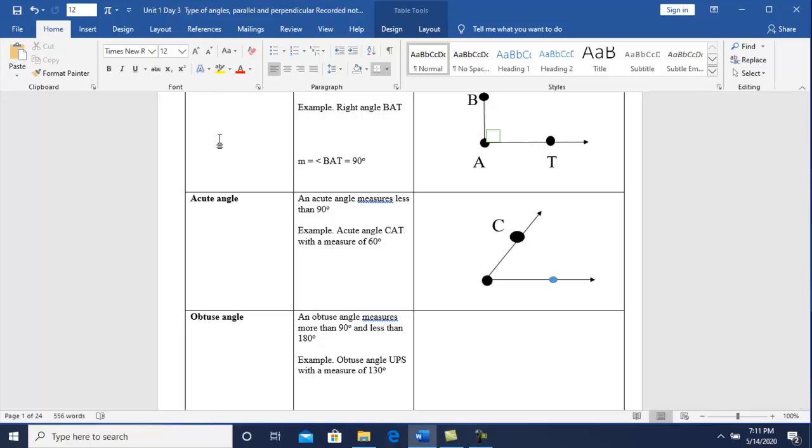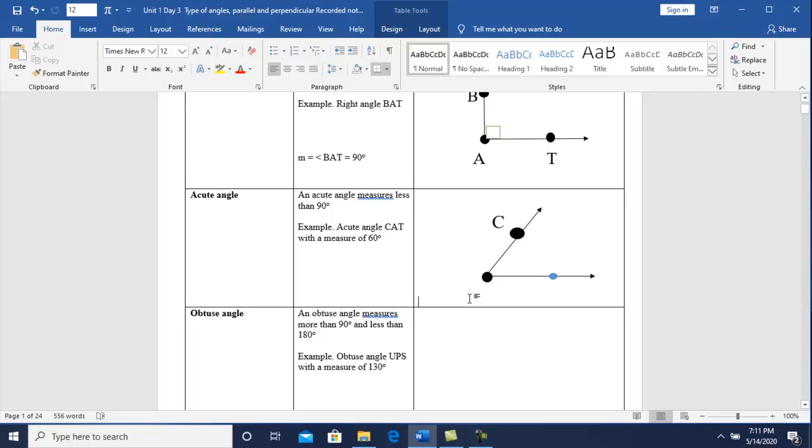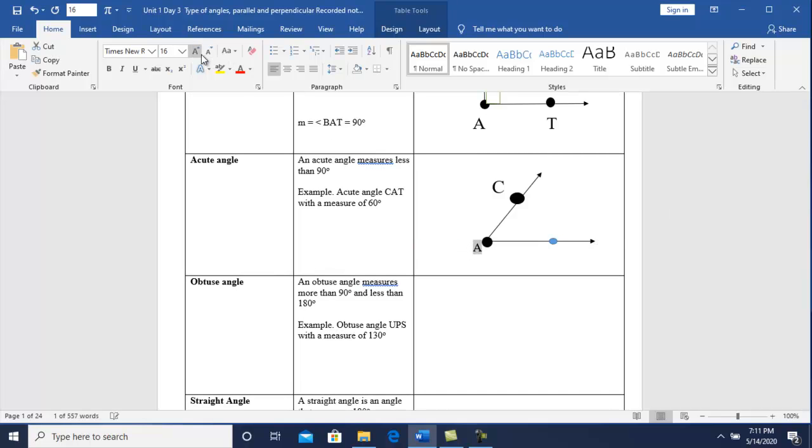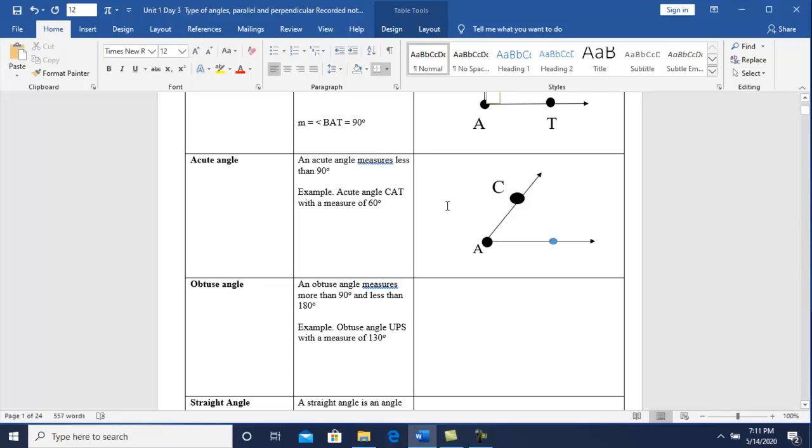Our second letter, remember the middle letter is going to be your vertex, and then the last letter, T. The measurement is 60 degrees.